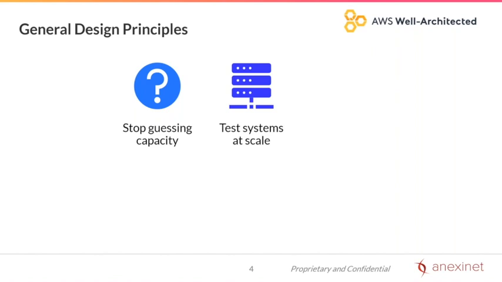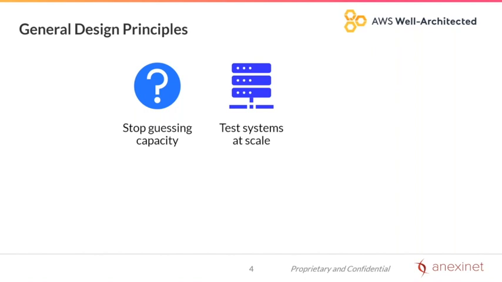The second is to test systems at scale. What this principle is all about is that because you have this giant pool of capacity, you're able to spin up a test version of your application that's at the same size and scale of your production version. It allows you to truly test things at that scale.